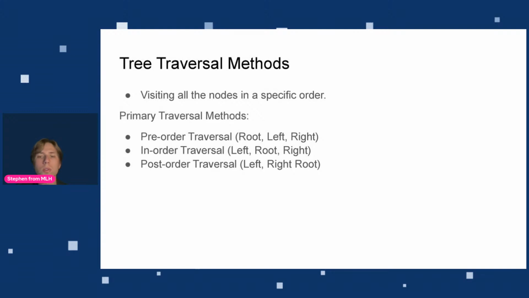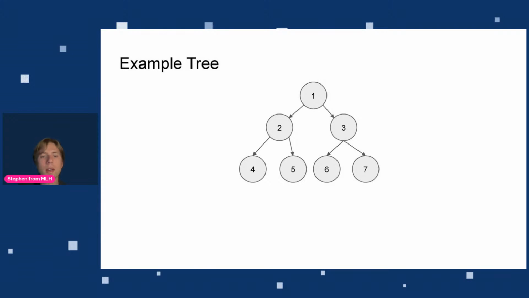And they're crucial for various tree operations and algorithms that we might have. So I actually want to practice some tree traversals with all of you. I'm going to give you an example tree, and I want you to please write the sequence of visited nodes in pre-order traversal.